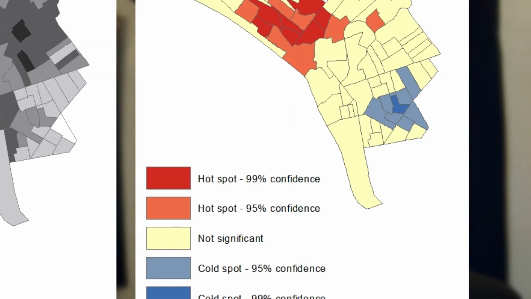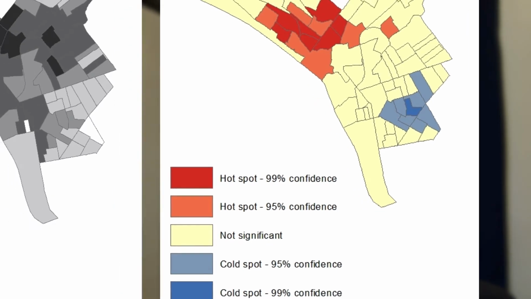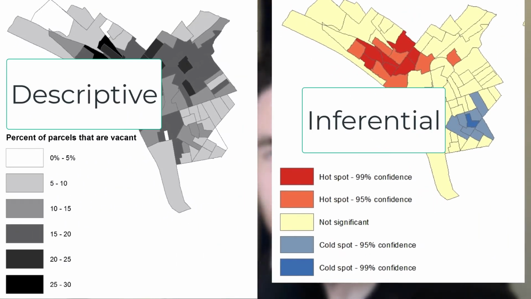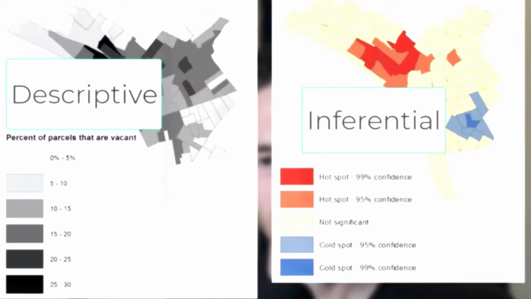In this test, it takes each neighborhood and compares it to all of the neighborhoods around it to see, is there a pattern going on that really differs? Is that neighborhood really significantly different than the other neighborhoods around it? So there's an example of descriptive versus inferential that you can see in a GIS example.